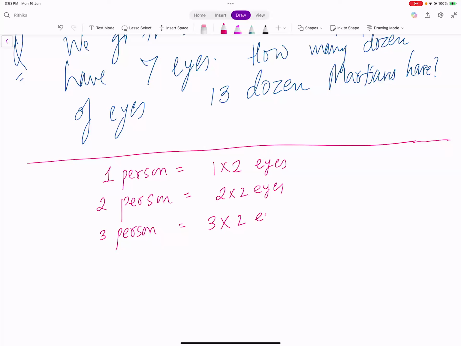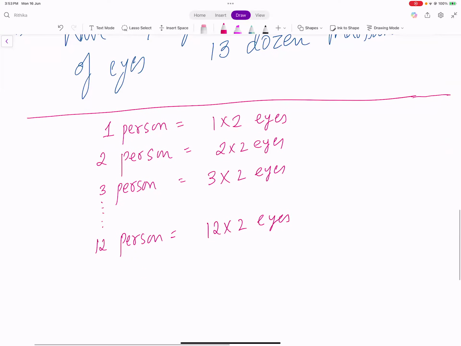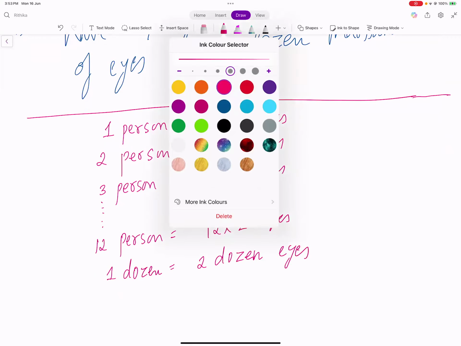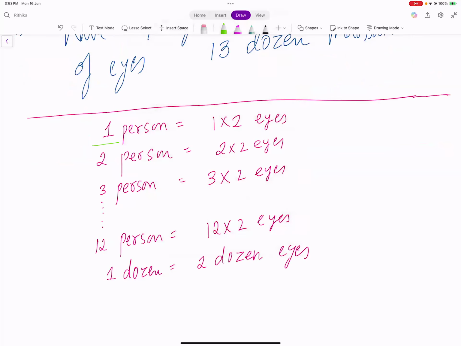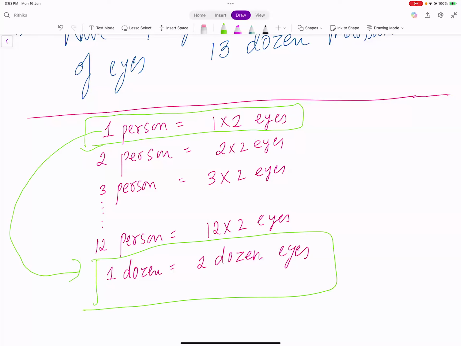And like this, I count and I reach 12 persons, 12 into 2 eyes. If I write in dozen, I will say 1 dozen has 2 dozen eyes. So whatever I was able to say about one person, I can also say the same thing about the relative number of dozen.